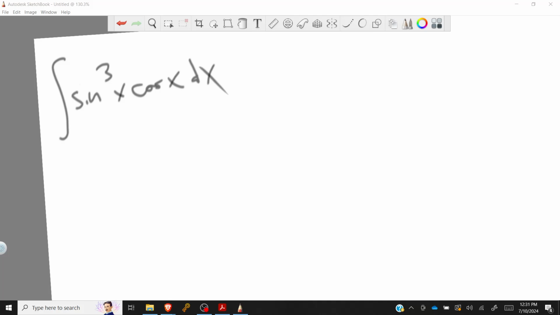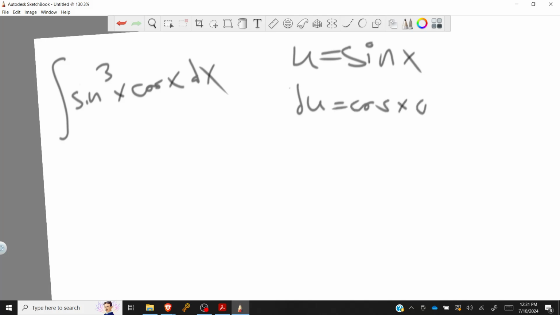I made the mistake of doing integration by parts with this one. That shouldn't be the first thing that you try. You should always see if you can do a u sub first, and then if you can't, then do integration by parts. Because if you do a u sub here with u equal to sine of x, then du is equal to cosine x dx, and dx is equal to du over cosine.